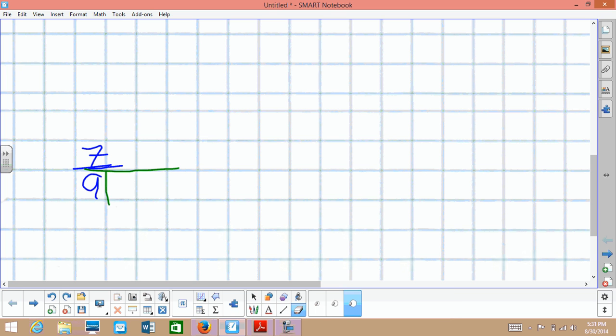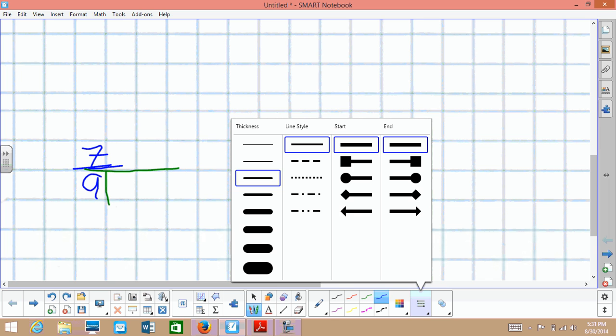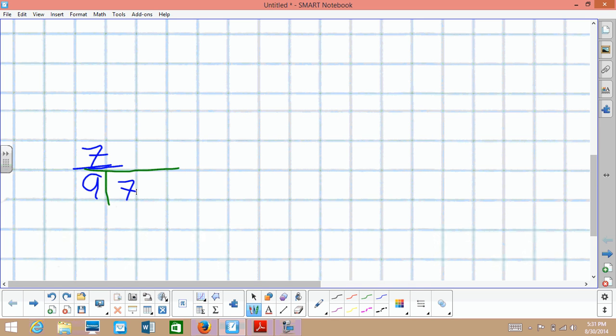And then we get rid of the fraction bar, and that number on top goes down inside the division sign. So 7 jumps inside, the 9 stays outside. Another thing that I told you is that before you even begin to divide, you have to add a decimal, add a zero, and bring up the decimal.